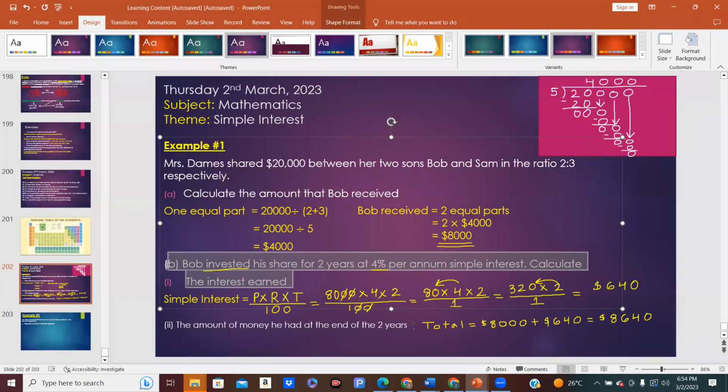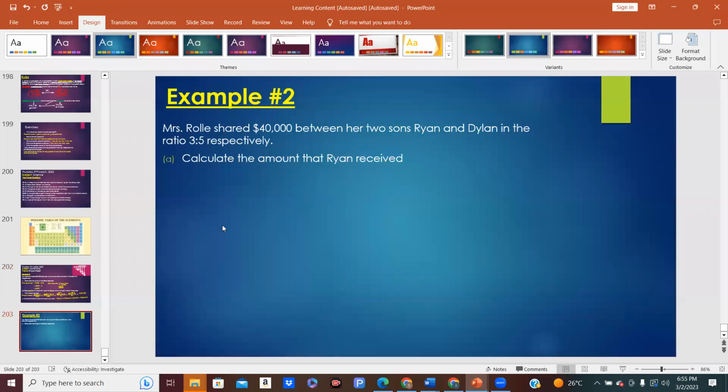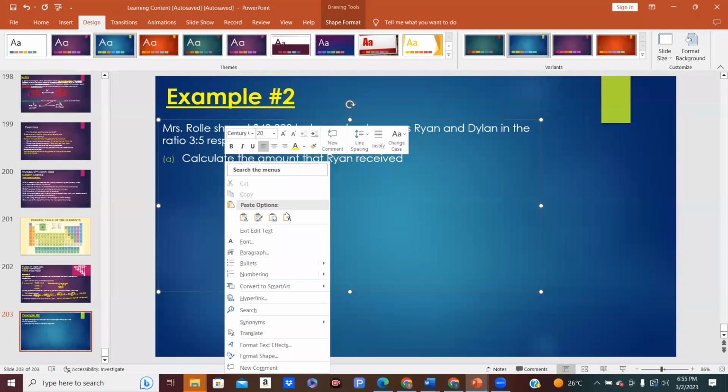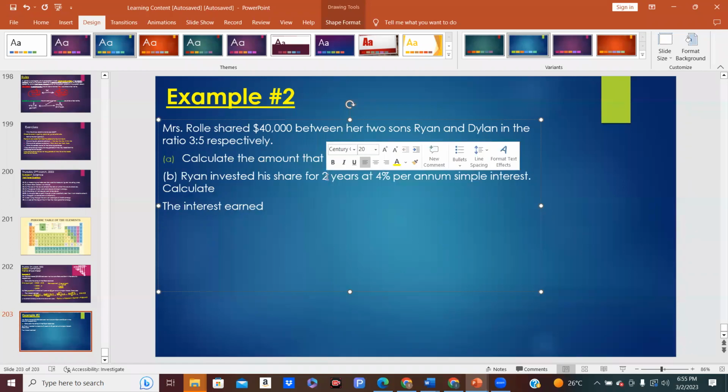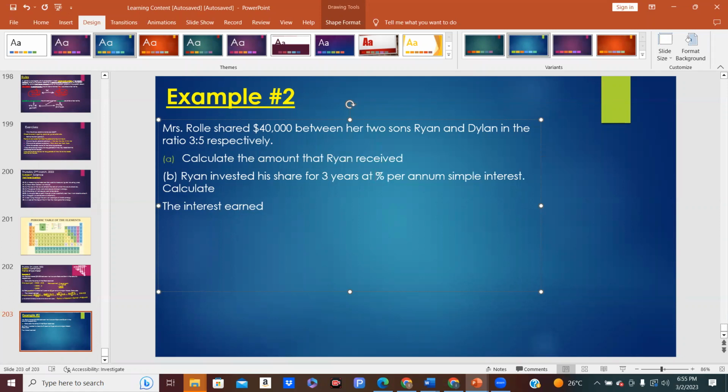Let's say that Ryan invested his money for 3 years at simple interest of 5% per annum.